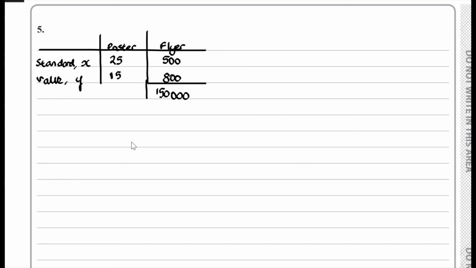Now the first thing to notice, if we have at least 150,000, we can form our first inequality. 500x plus 800y being greater or equal to 150,000. And therefore, if we divide through by 100, you'd find 5x plus 8y to be greater or equal to 1500. Okay, that's the first thing to notice.